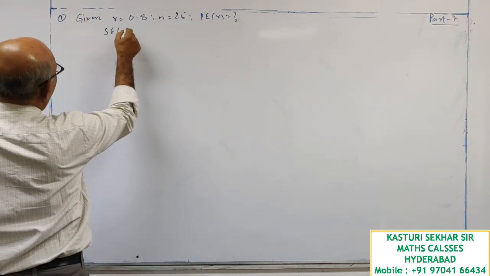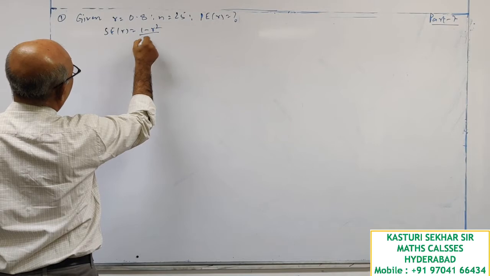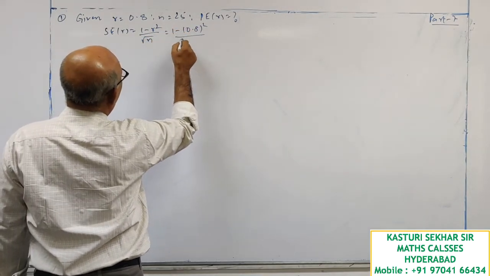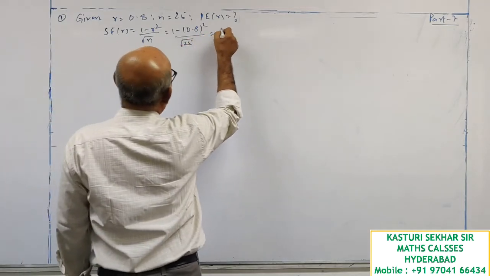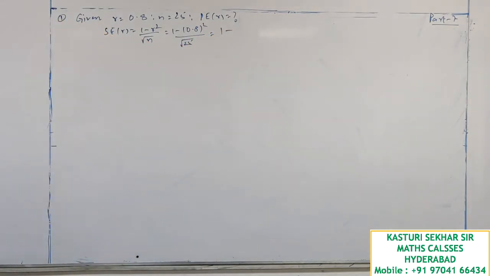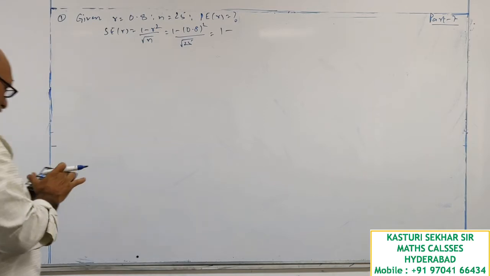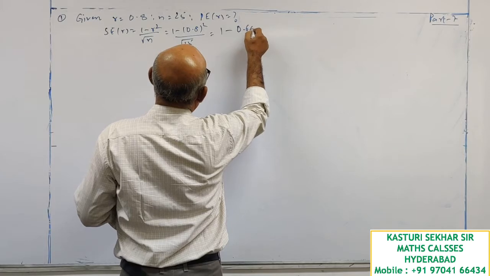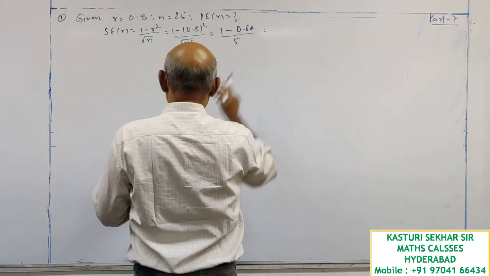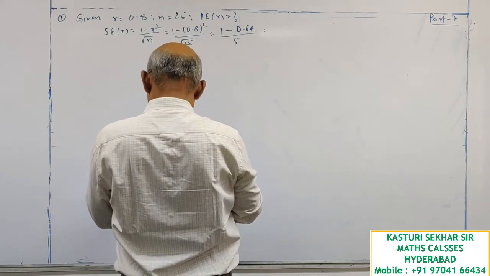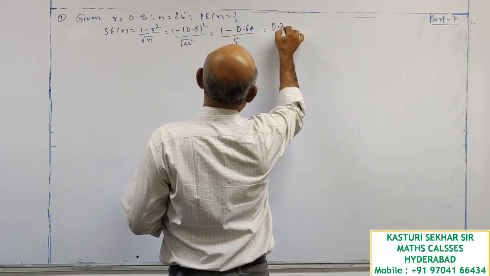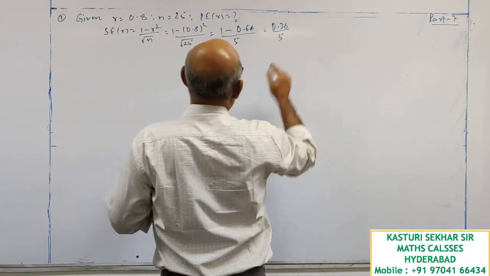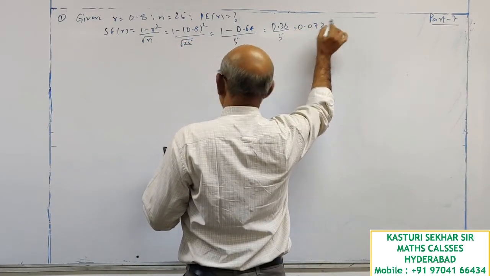So standard error of r is equal to (1 minus r square) by root n, 1 minus 0.8 whole square by square root of 25. 0.8 square is 0.64, 1 minus 0.64 is 0.36, divided by 5, this is 0.072.